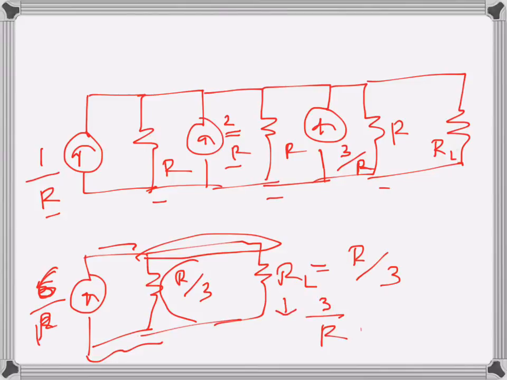So we have the current through RL and we know the power it's dissipating. PRL is 3 milliwatt, which is given, and the current through RL is 3 over R, so the power is I squared times R, which is R over 3.